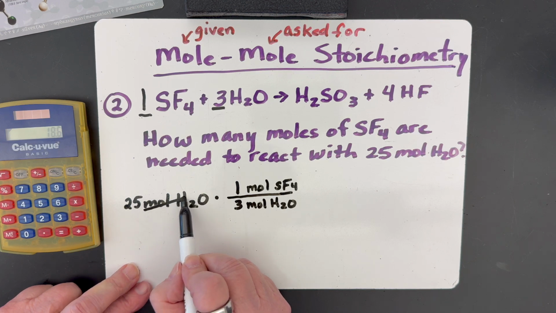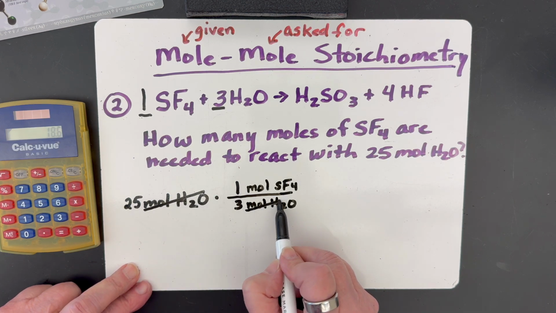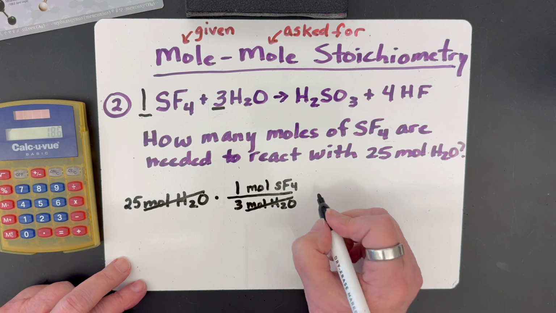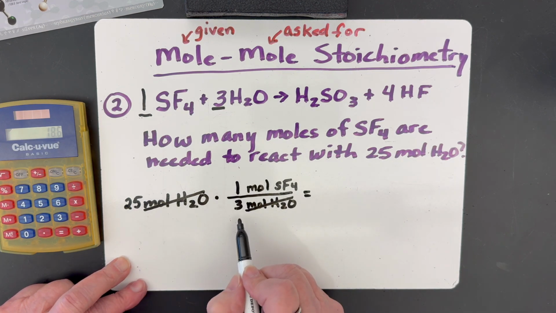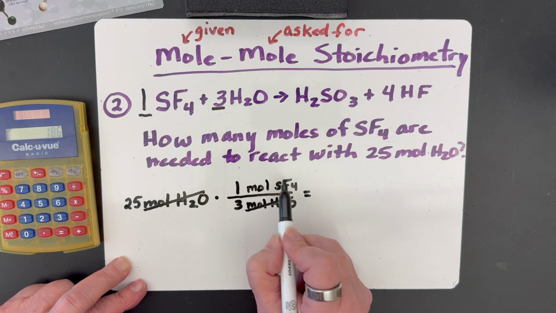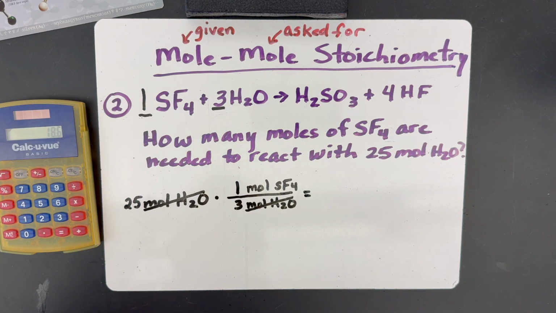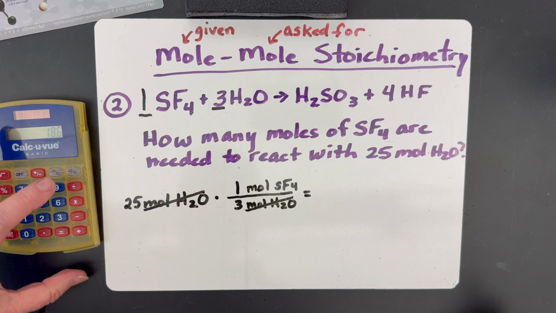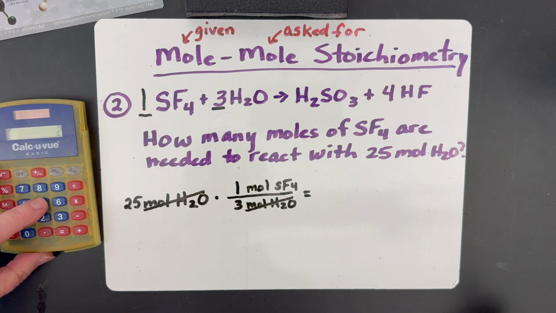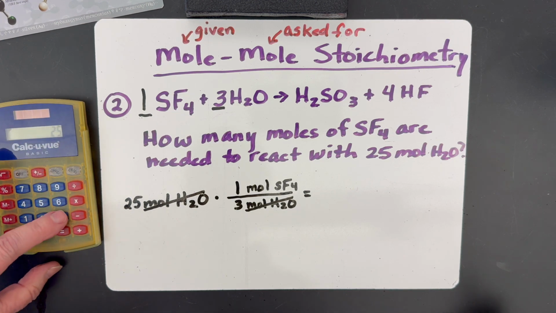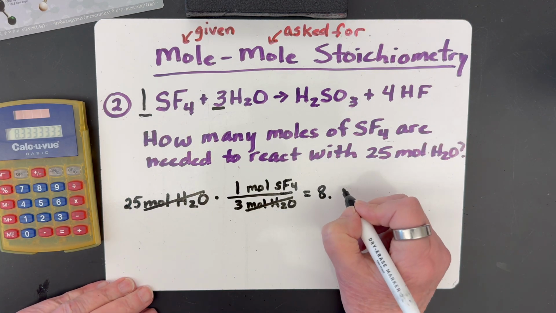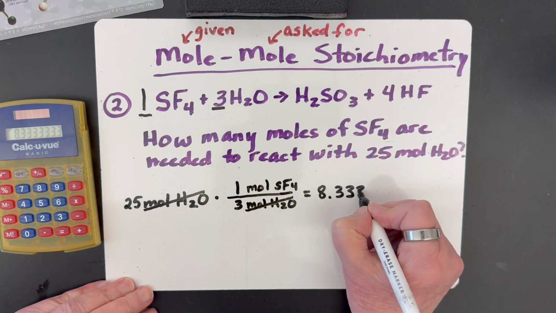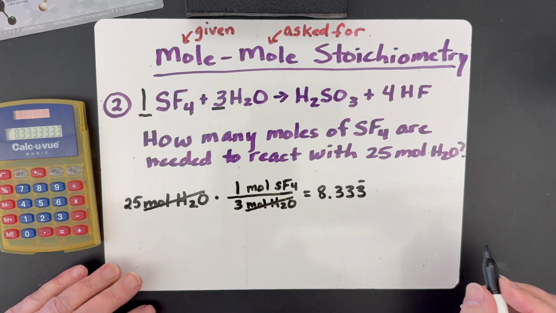Now, we have moles of water and moles of water. Those units cancel. So we are going to take 25 times 1 divided by 3, and our only unit left is moles of SF4. So 25 divided by 3 is equal to 8.333, repeating on and on.